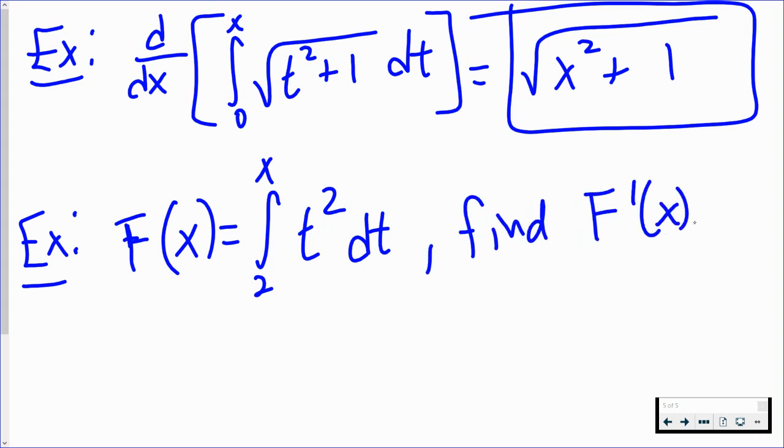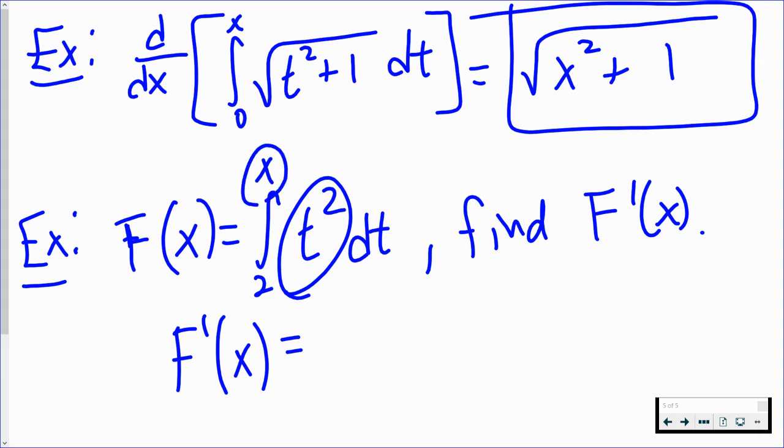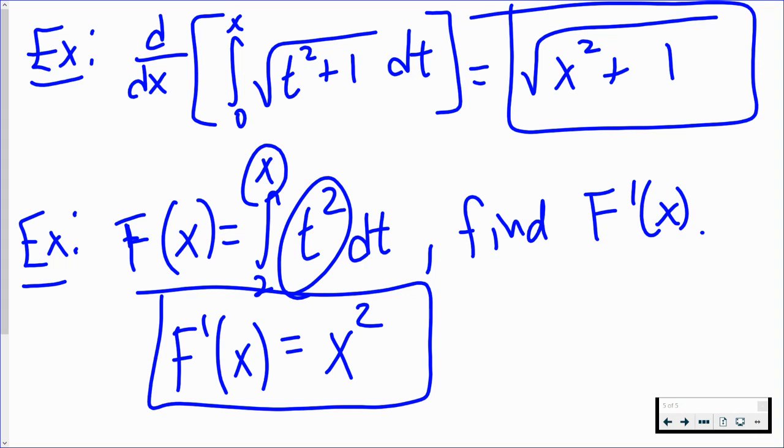Find f prime of x. So we're doing the same thing. We're taking the derivative of an integral. Then the derivative of the integral is going to be this function with x plugged in because we're only going to x.